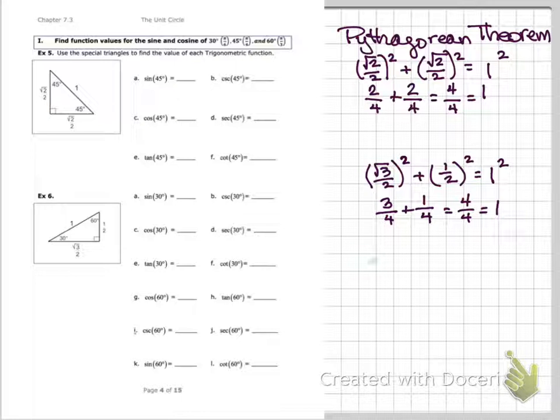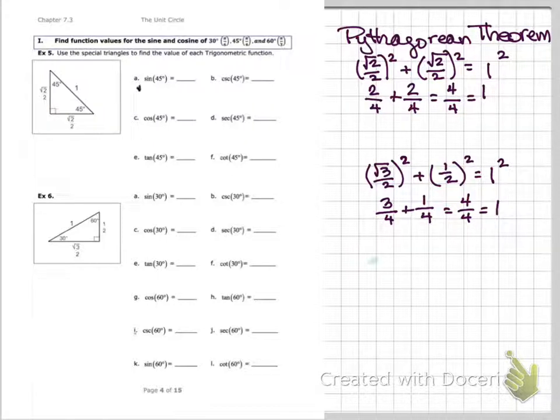So now we're going to go back to our trig ratios, and we're going to find the values for our trig functions. So sine of 45. Sine, again, is opposite over hypotenuse. So we can use either of these angles. They're both the same. The sides opposite them are the same.